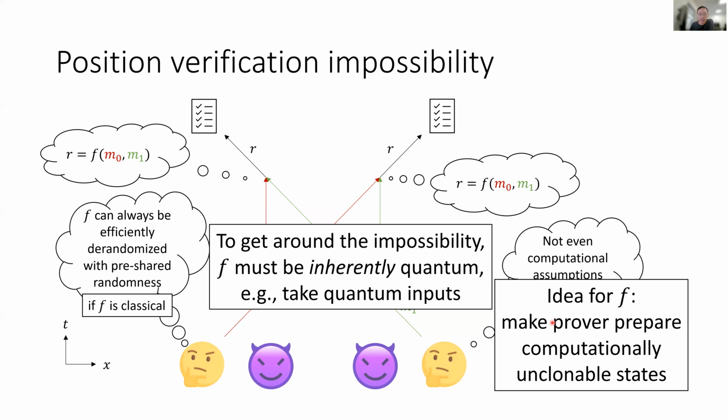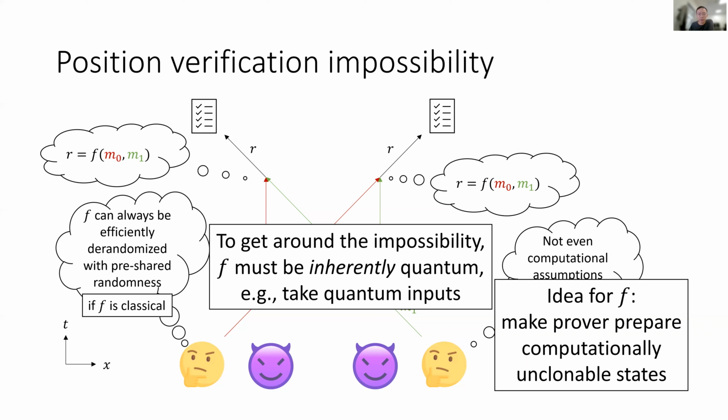And one idea is that maybe we can make the prover prepare some computationally unclonable states, similar to a BB84 state that is unclonable unconditionally. Earlier, I mentioned that classical verifiable position verification implies proof of quantumness. And therefore, a natural place to look for these computationally unclonable states would be to look at proof of quantumness protocols.